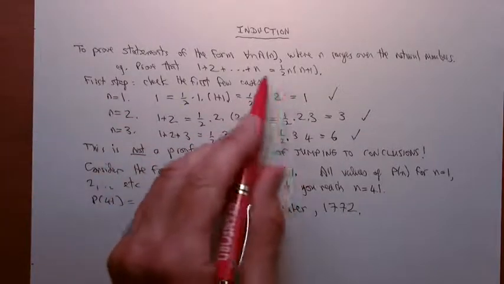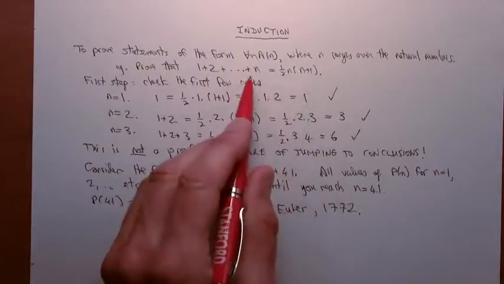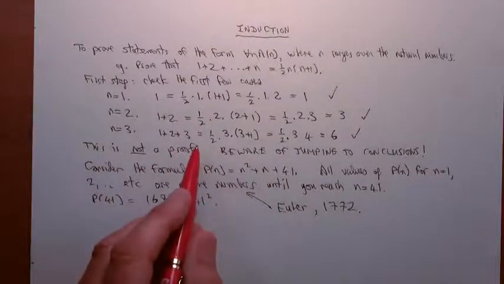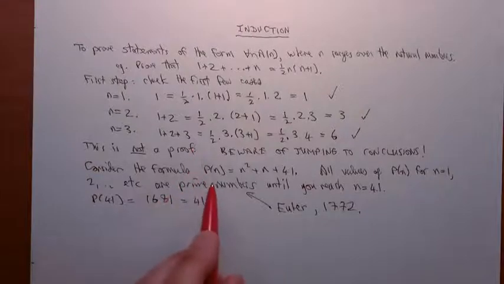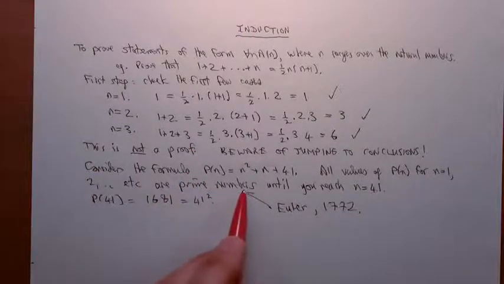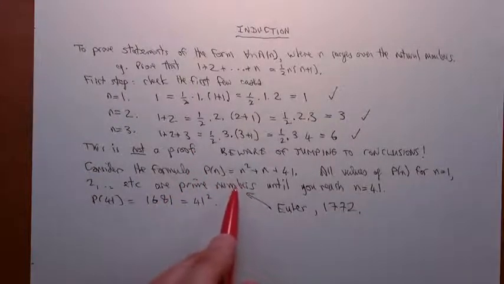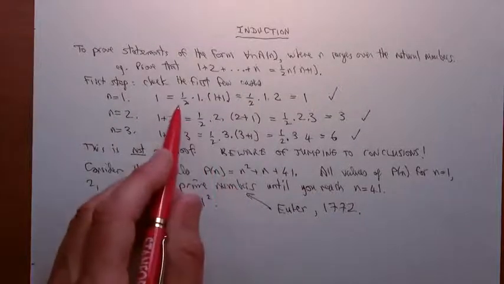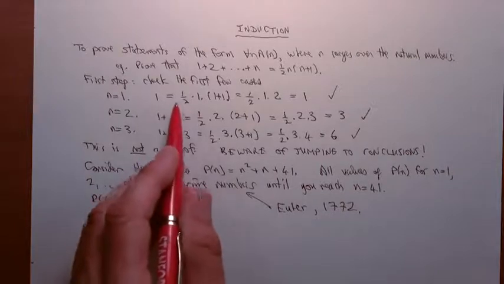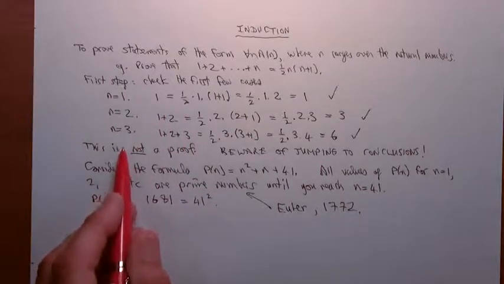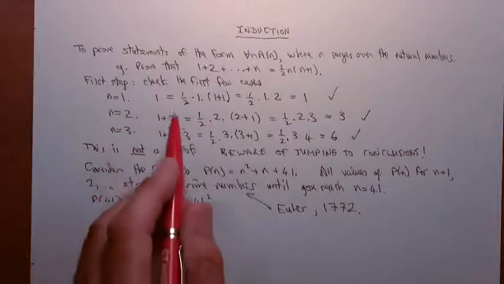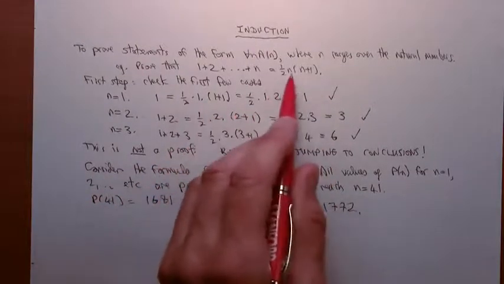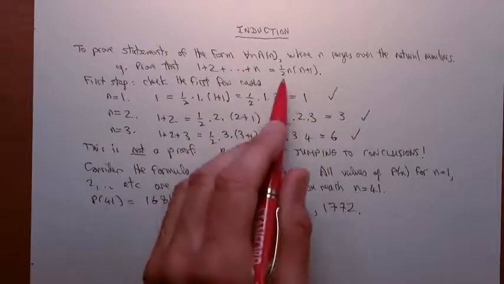Not only do you get an understanding of what the formula is about, but you can sometimes, when you work out a few cases, find a pattern. In this case, there actually isn't much of a pattern to find. You work out the values and you just get numbers, and it turns out that the first 40 of them are primes. But if you look at what's going on, even if you did maybe a couple more, n equals 4, n equals 5, you'd begin to see a pattern of how the two parts of the formula are combining, what's happening to the half.